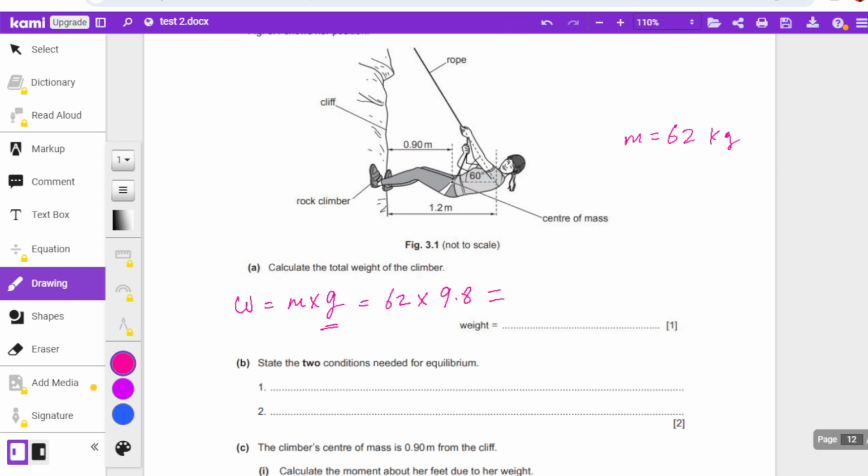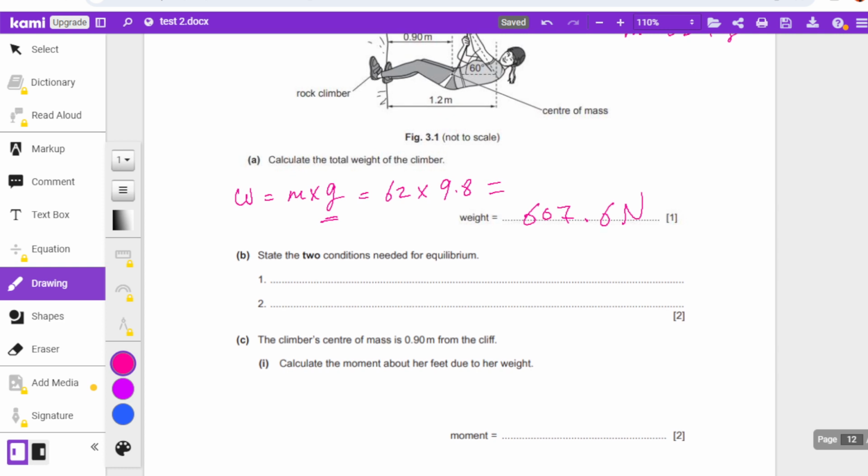So you have to multiply 62 by 9.8, which equals 607.6 Newton. State the two conditions needed for equilibrium.